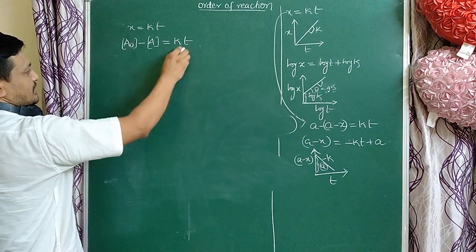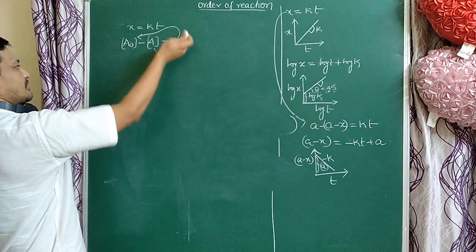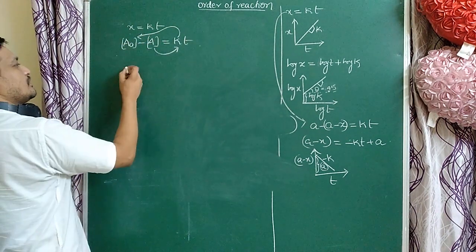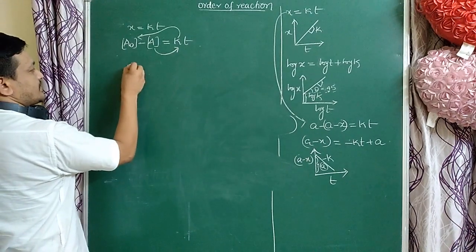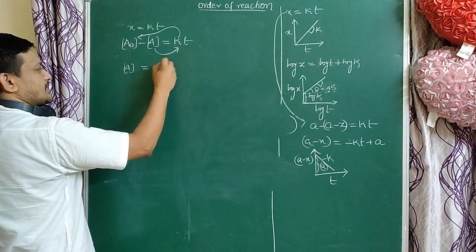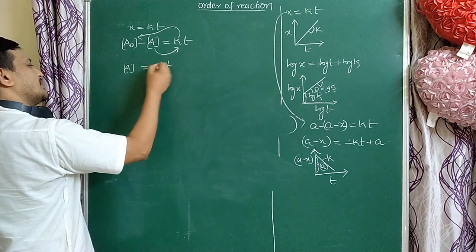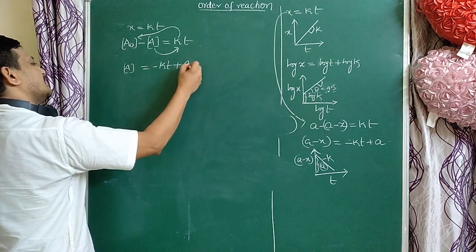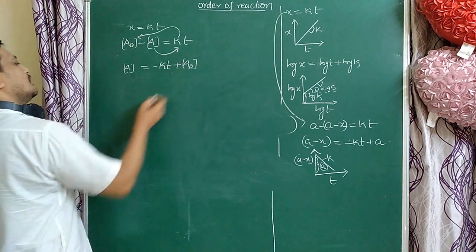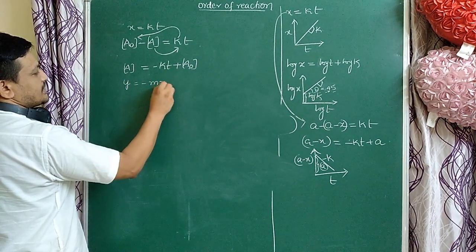So this A is sent to this side and the kt value comes to the other side. So concentration of A equals concentration of A naught minus kt, that equals minus kt plus A naught. So here y equals minus mx plus c.